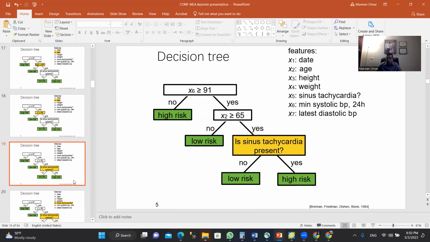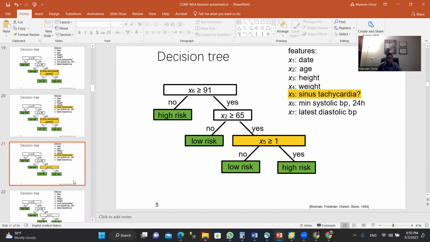If the answer is yes to the previous question, so if the age is greater than or equal to 65, then we are going to ask another question. Is sinus tachycardia present? And that's feature number 5, sinus tachycardia.